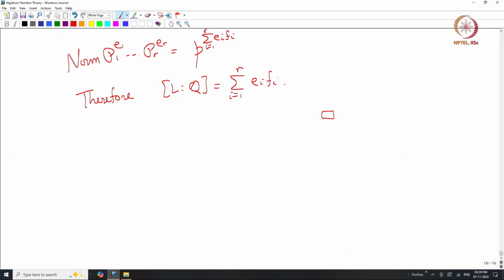So what we have done today is we looked at how a prime in a number field, when you extend it to a bigger number field, factorizes, and we defined important invariants attached to it like ramification index, residue degree and the number of primes above it.